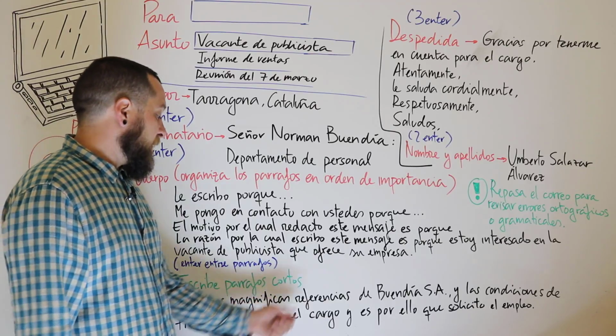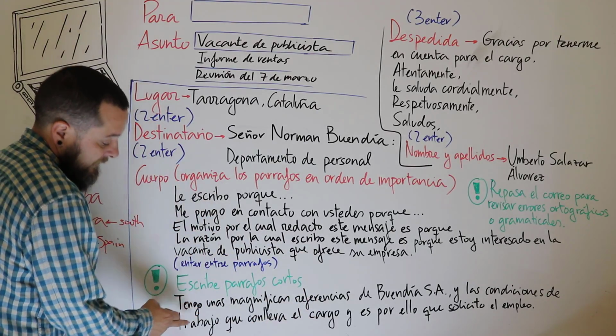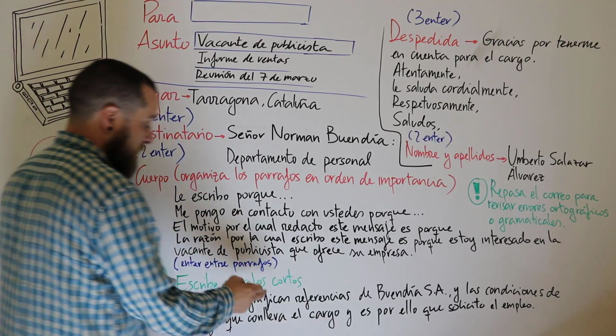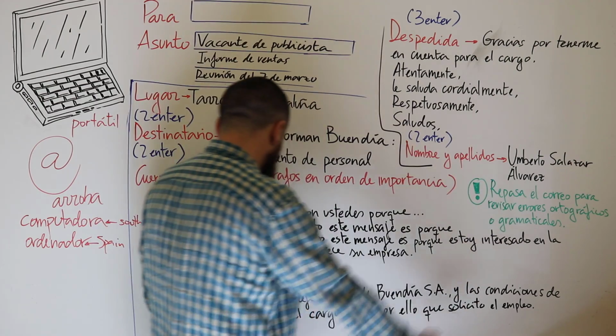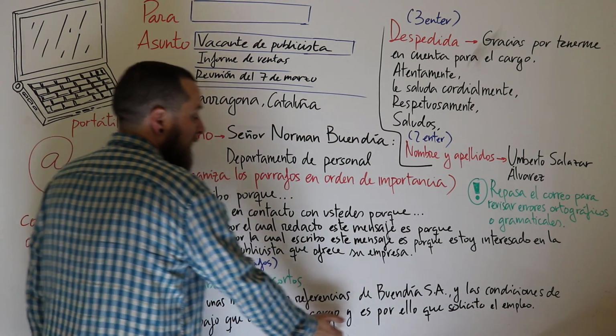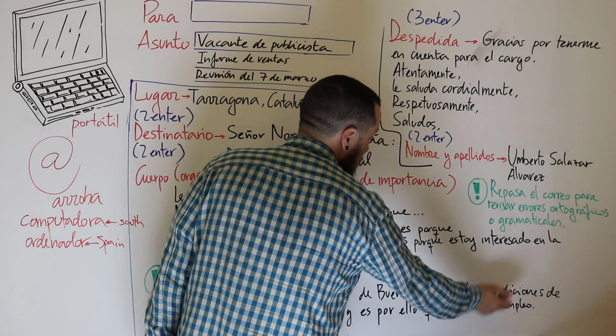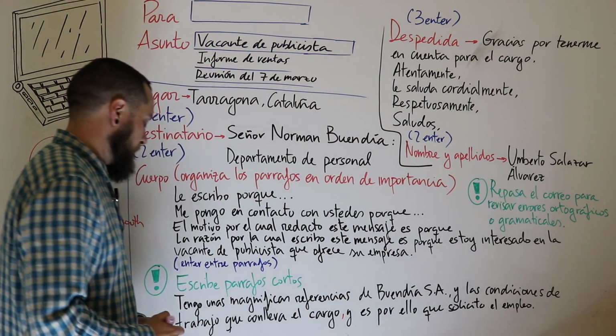Well, the second paragraph of this email says, tengo unas magníficas referencias de Buendía S.A. y las condiciones de trabajo que conlleva el cargo. Y es por ello que solicito el empleo. We need a comma here, it could be better.